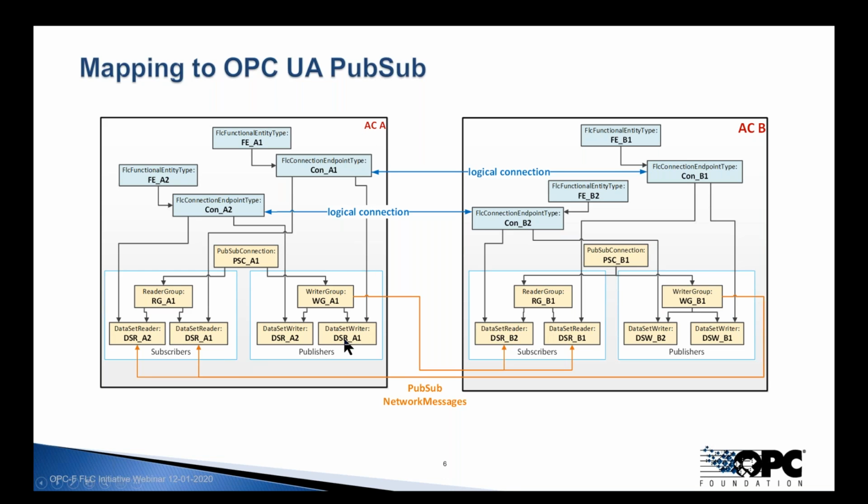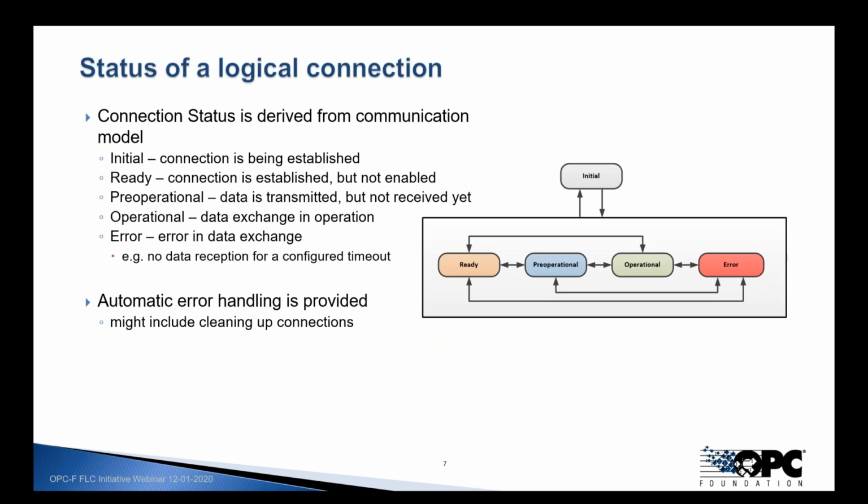Oh, it should be DSW here. Okay, wonderful. The connection status is derived such that we have a status called initial. The connection is in the process of being established. That means, for example, verification is done, but the control group is not locked yet for establishing the ownership. It is somewhere in between of setting up a connection.